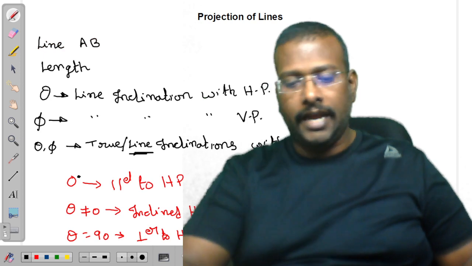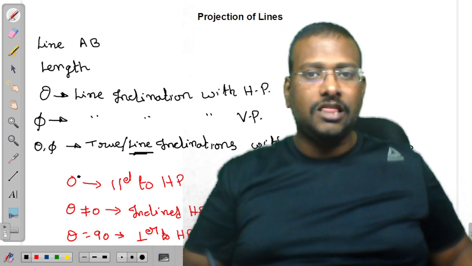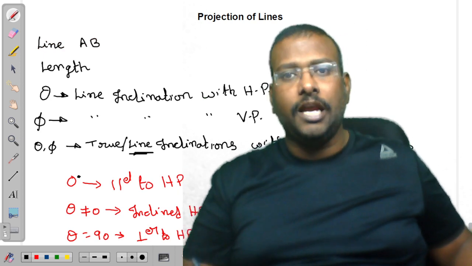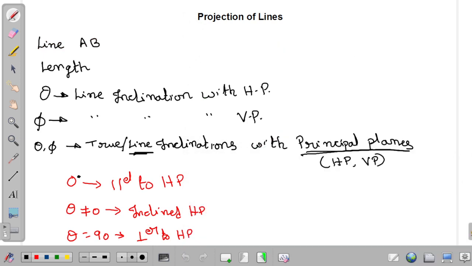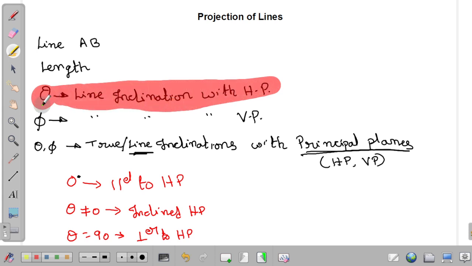Here the line is going to have a length of some particular AB length. Theta is considered as the line inclination with HP, whereas phi is considered as the line inclination with VP, and theta, phi are called true inclinations.